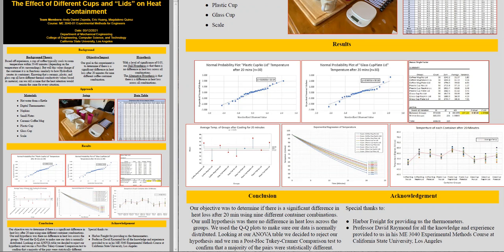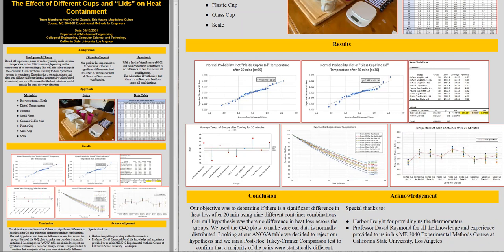On the other hand, the QQ plot on the right with the glass cup and plate lid is not very well evenly distributed, but comparing it to the other QQ plots, we could see that it is normally distributed. Now, once we determined that our data is normally distributed, we made an ANOVA table.